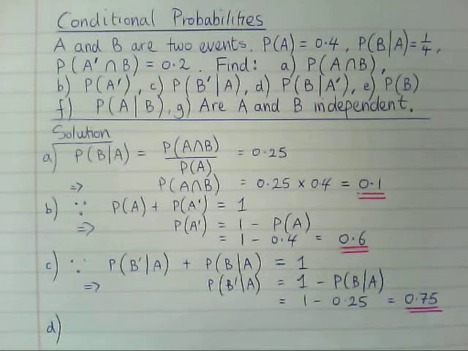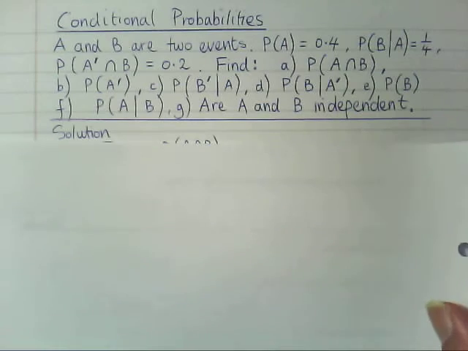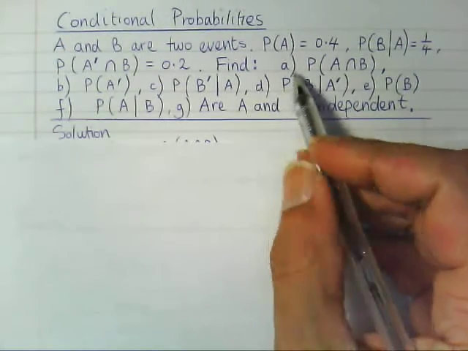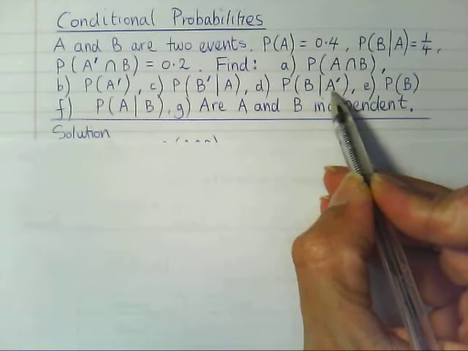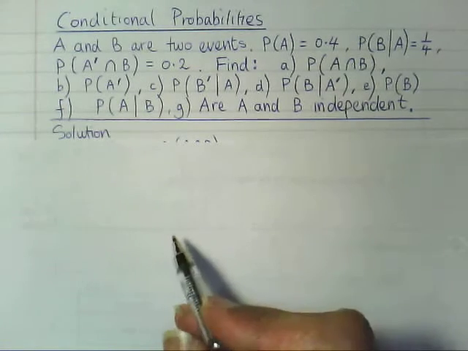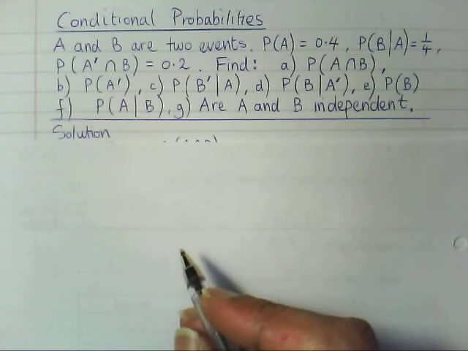Now, for part D, what we can do is think about the probability of B occurring given that A has not happened. So, how would we go about writing this?